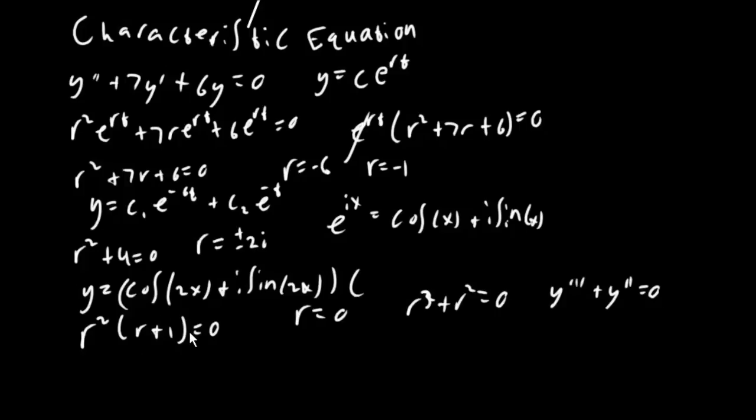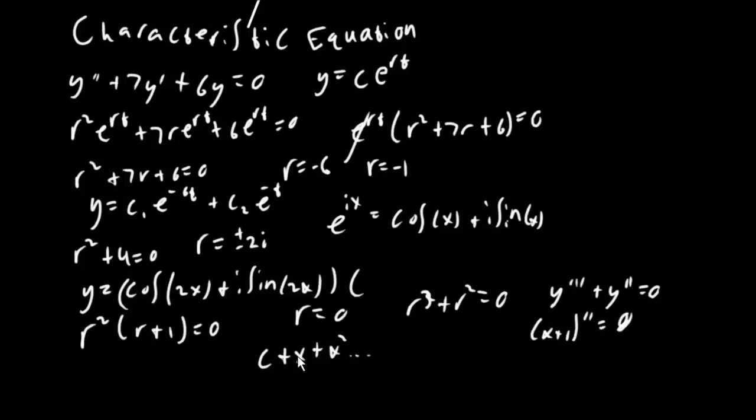Obviously, if we ignore the r plus 1 and we look for the r squared of multiplicity 2, we'll find that this corresponds to a linear term, because the second derivative of a linear term, say x plus 1, double prime is equal to 0. So in general, if we have r to the n, then we're going to have all of the x's, so we'll get constant plus x squared dot dot dot.